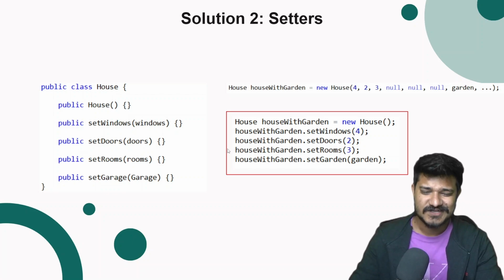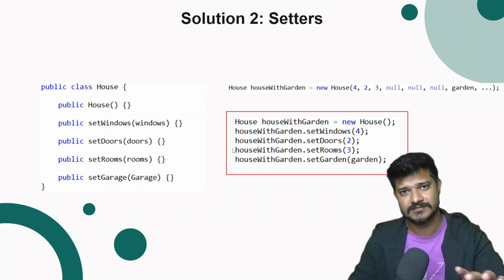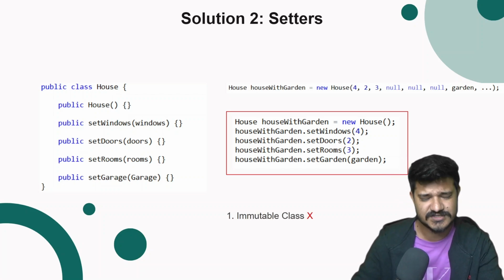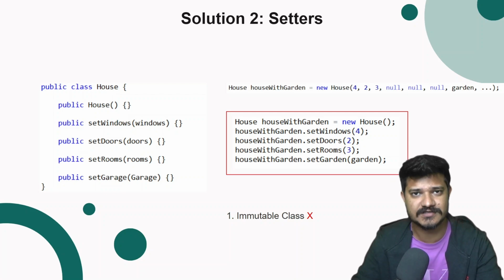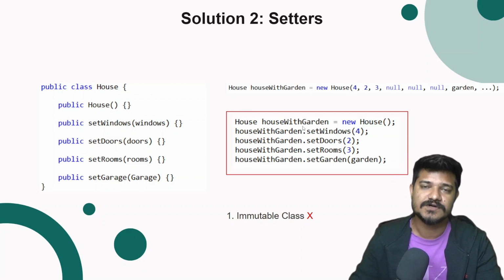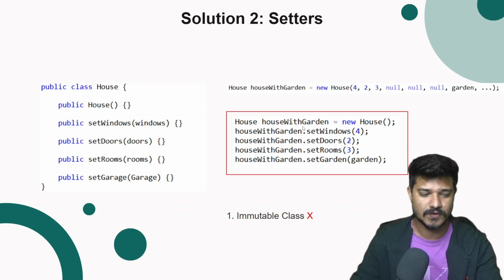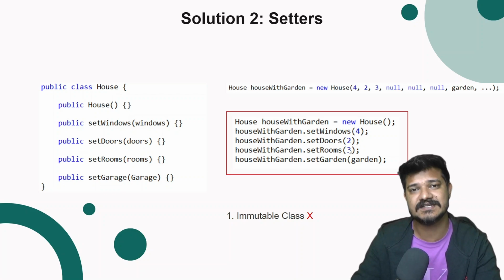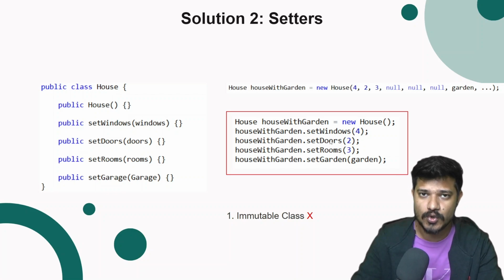Now, this looks good, no doubt, but again, this has a problem, and the important one is the immutable class. This solution doesn't work with immutable classes. Immutable classes are those for which once you have initialized an object, you don't want its properties to change, right?